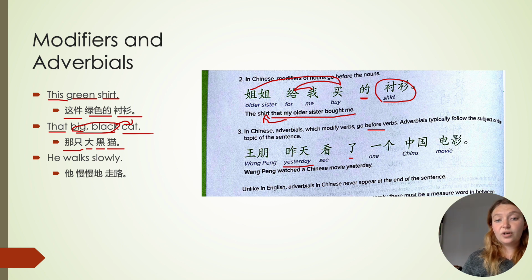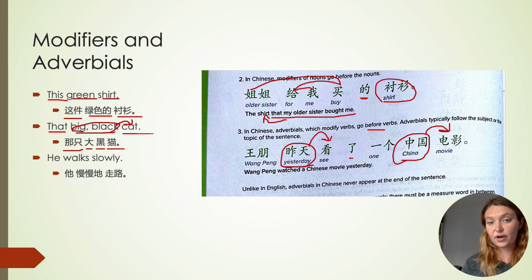But we could also just say yesterday see a movie. So we don't have to change the verb. So in this sentence, 王胖昨天看了一个中国电影. Here we even have the same as rule number 2, 中国电影. So 中国 modifies 电影. And here, yesterday modifies see, because it tells us when we saw it.